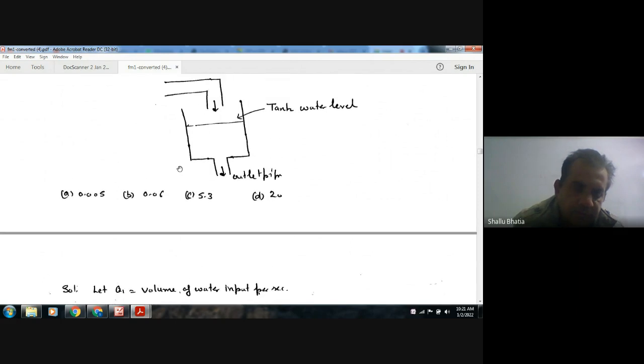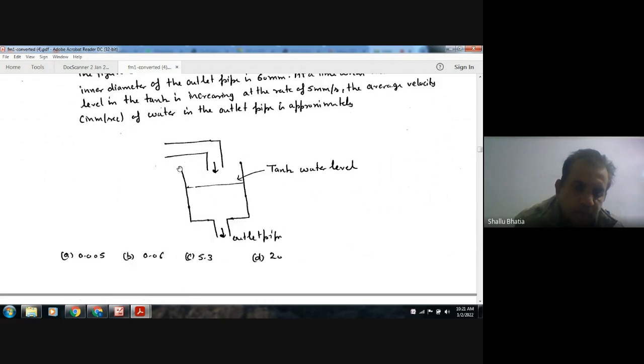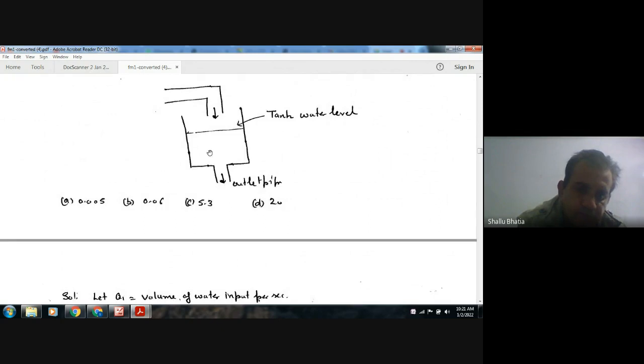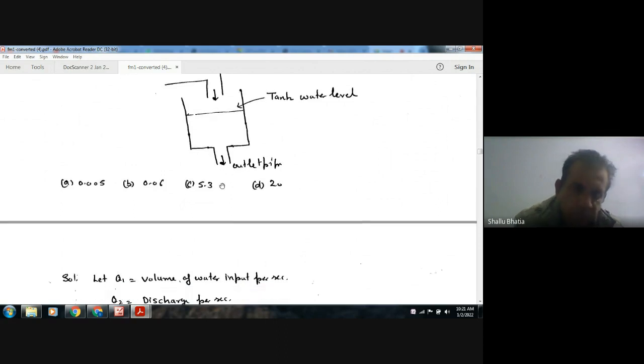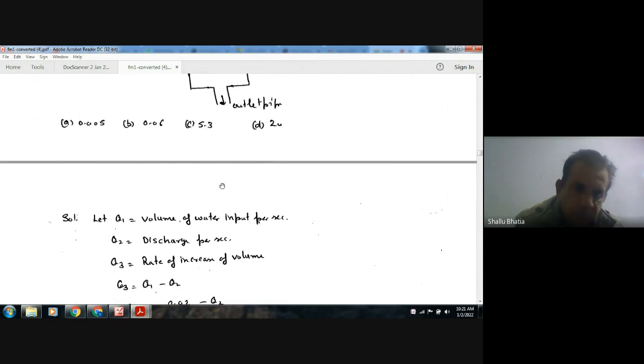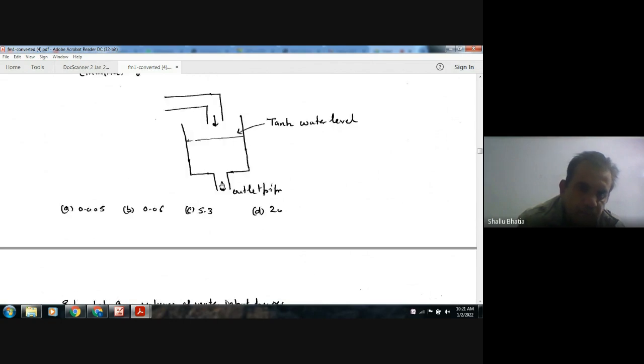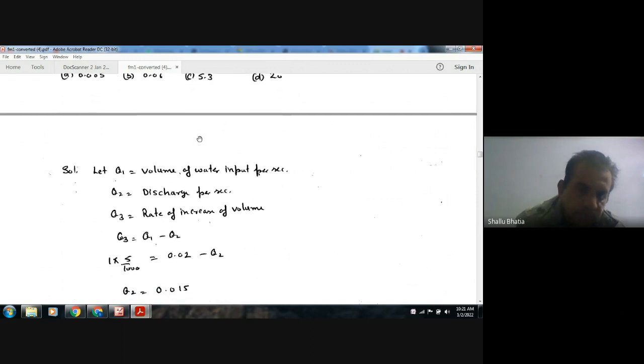So let Q1 be the discharge, the volume of water input, and Q2 the volume of water output. If Q1 is more than Q2, then there will be an increase in water level. So the increase in water level will be Q3, Q1 minus Q2.